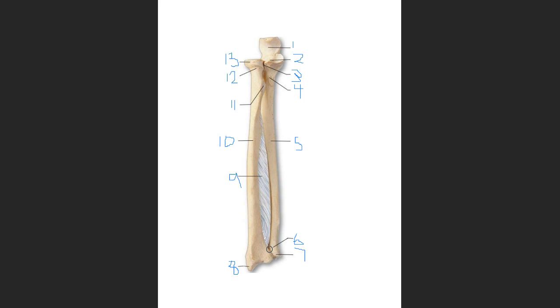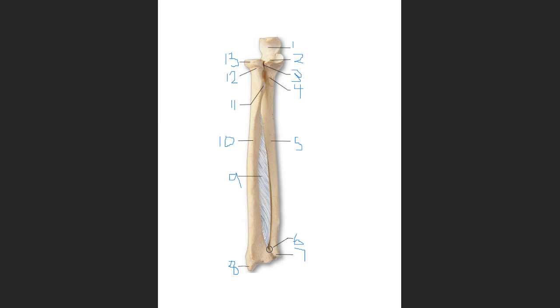Do you want me to keep going? Yeah, everybody do five and then we're good. So number nine is the interosseous membrane. And then number ten is going to be the radius. Radius, correct. Okay, perfect. Okay, Saeed, are you ready?